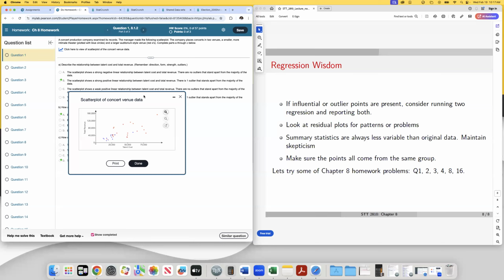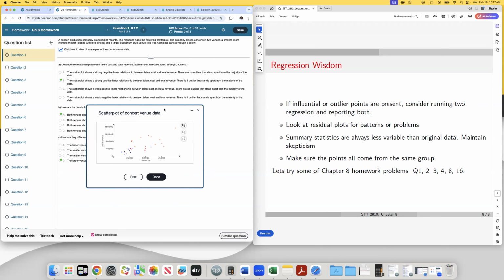Now we are being told to describe the relationship between talent cost and total revenue, and we've been given direction, form, strength, outliers. So when you look at this, what is the direction? Can anybody help us? Positive.